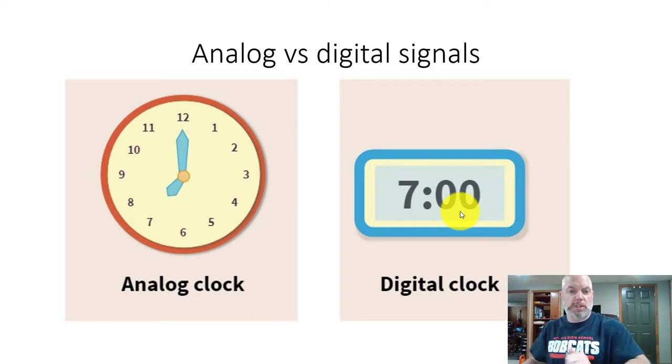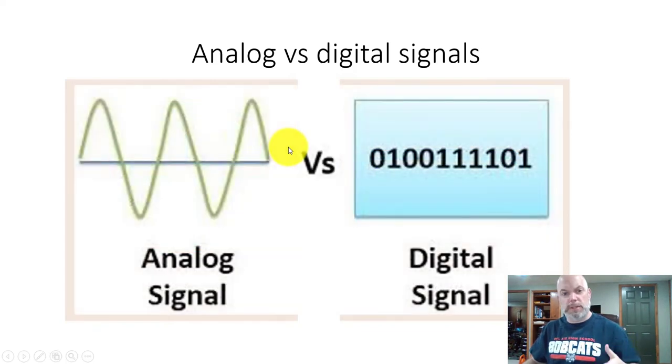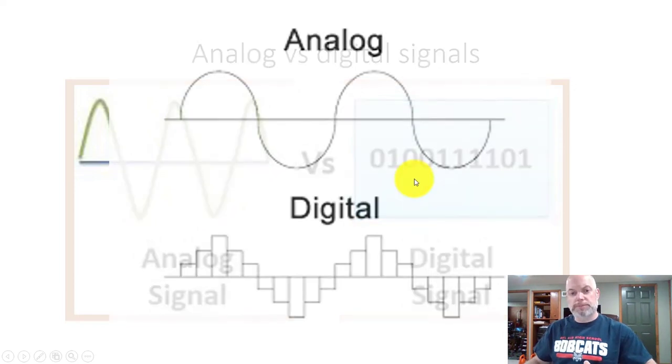It just keeps changing. Whereas an analog, it just slowly keeps smoothly changing through all the time, right? So we might look at things like this. Analog signal would be this smooth wave where it's just a constant signal of changing information, where digital is yeses or nos, right? Ones and zeros.